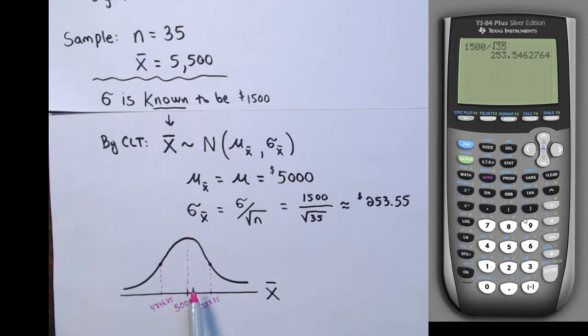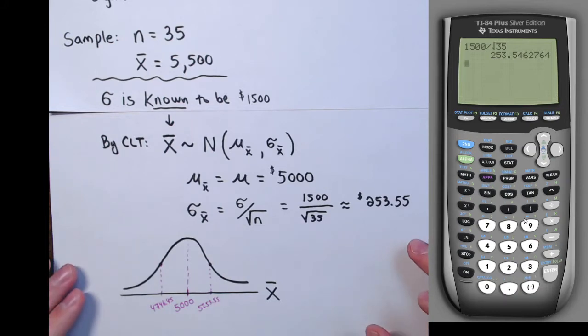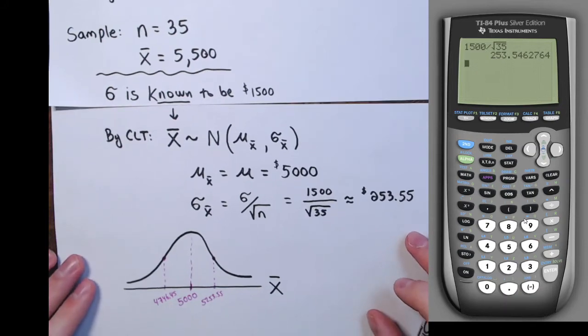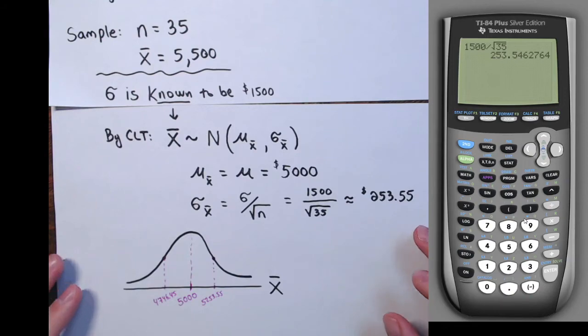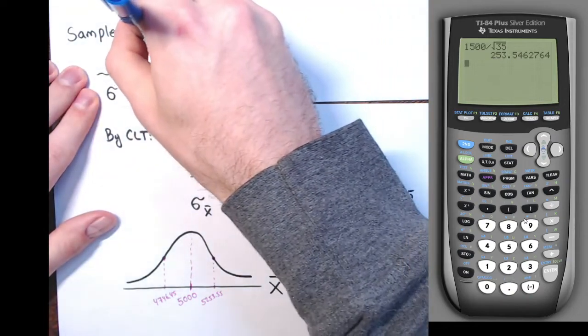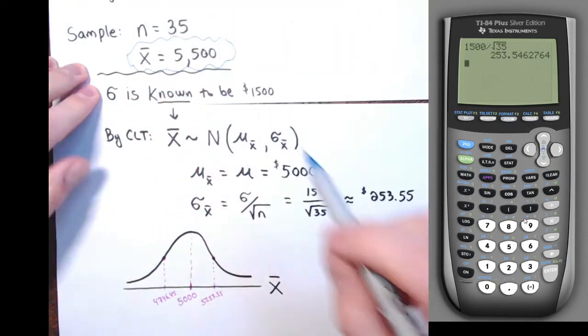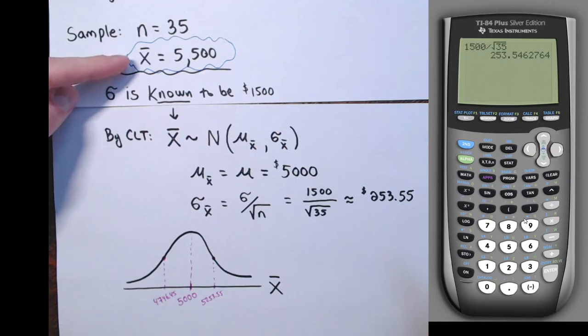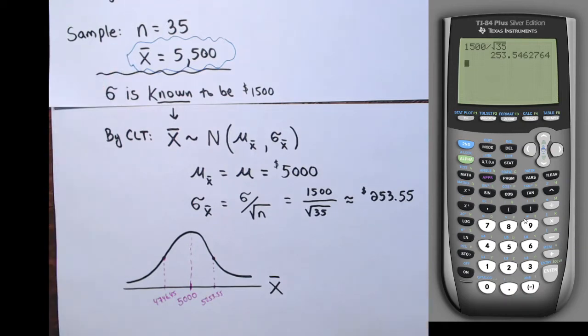And remember this is a normal curve, so between these two values, one standard deviation above and one below, there's about 68% of the area under the curve. Now that's not important. What we're looking at is our sample. Where does our sample fall in this distribution? Our sample mean was $5,500.